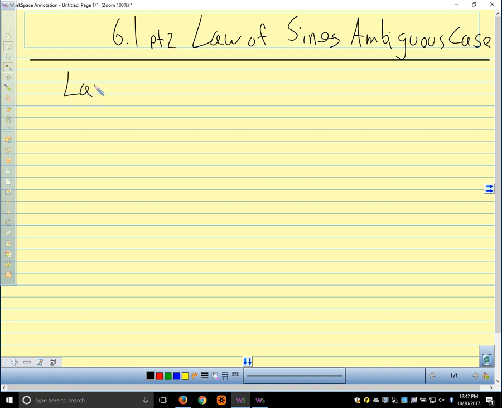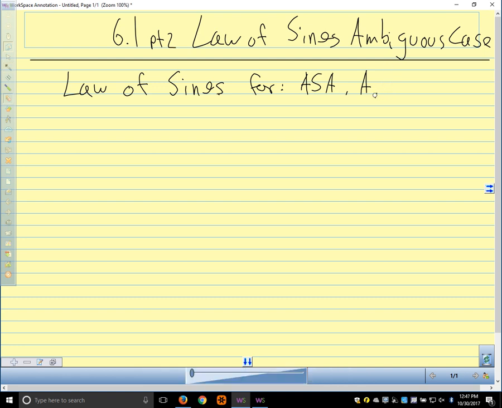So, last time we talked about using law of sines for angle-side-angle triangles and angle-angle-side triangles. Two angles and a side. And law of sines works very nicely for these kinds of triangles.